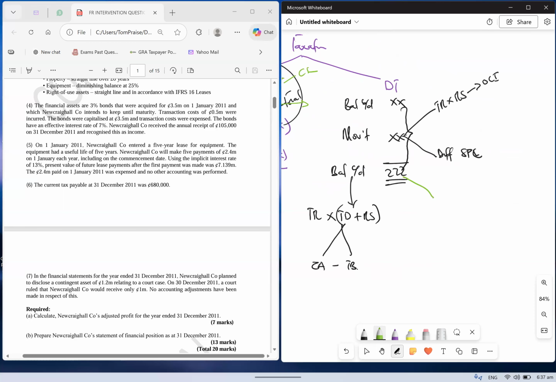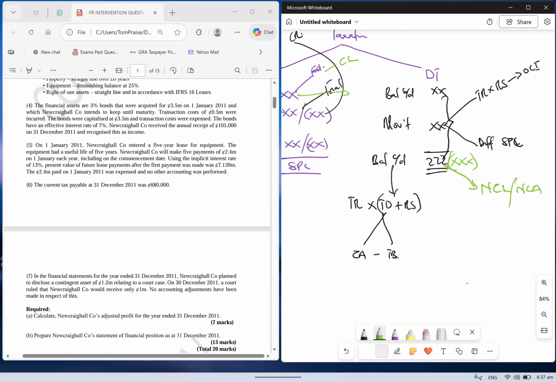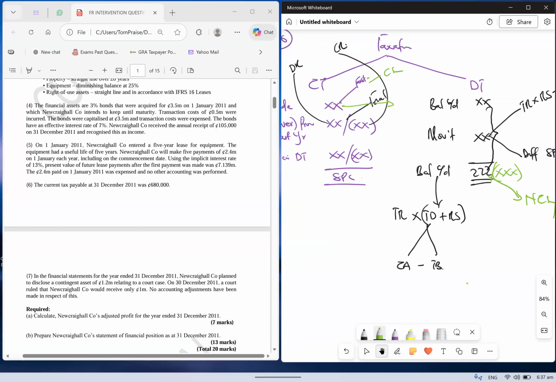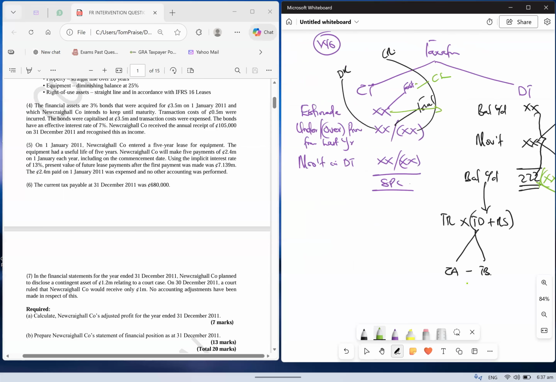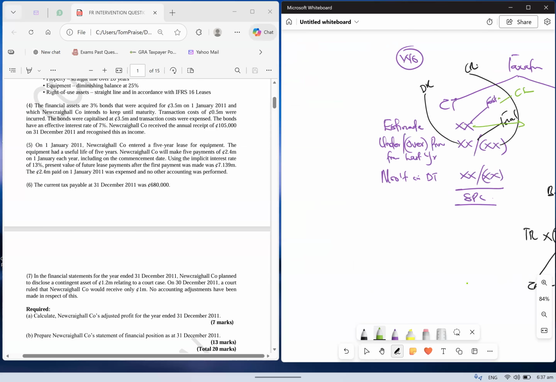And the deferred tax that you calculate will go to your NCL or NCA. If it is deferred tax asset, that means this side is negative. All right, so take note of that. Now, the one they've given us, the estimate is 680.